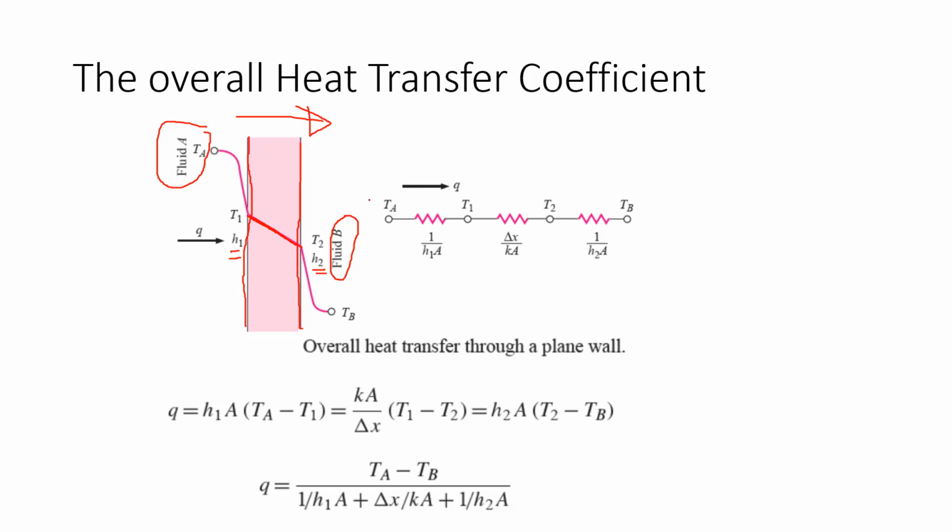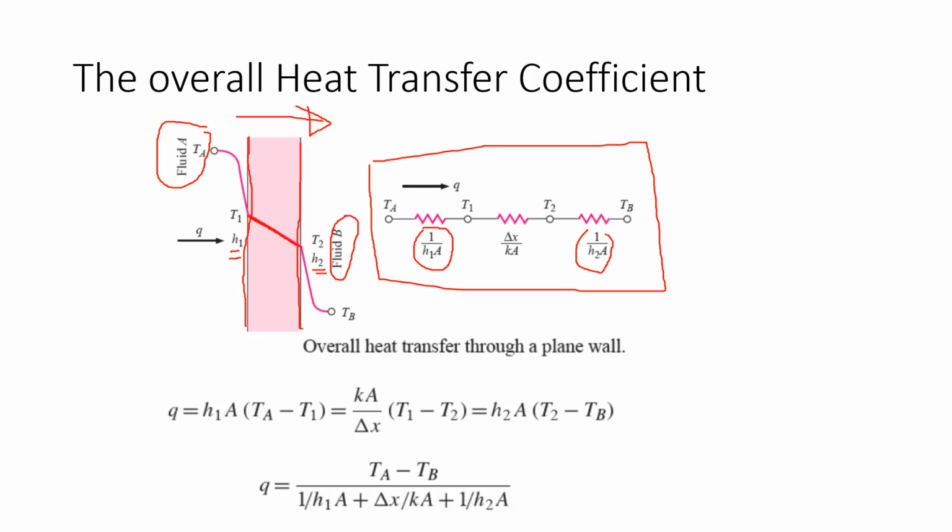If you want to plot or construct the network diagram by using the electrical analogy, so we are having now this convection resistance here and convection resistance number 2 here. Now again you are familiar with this is conduction resistance for the wall.